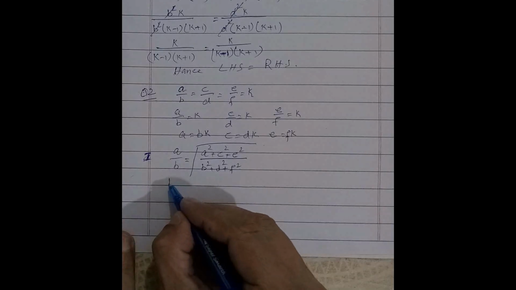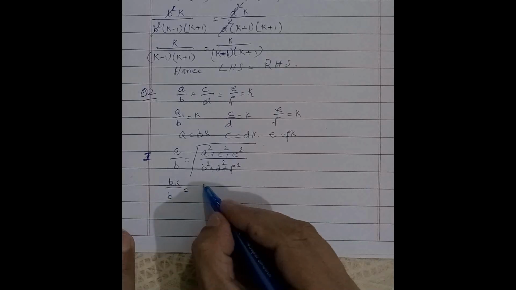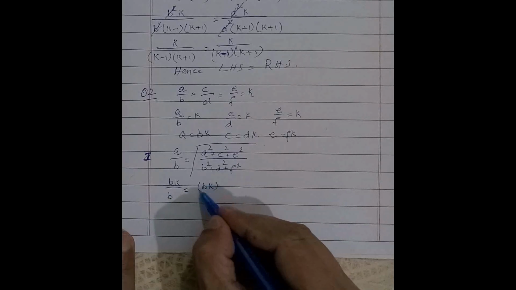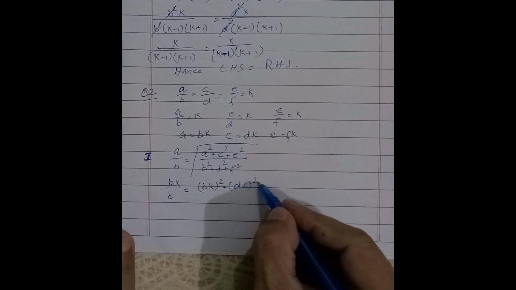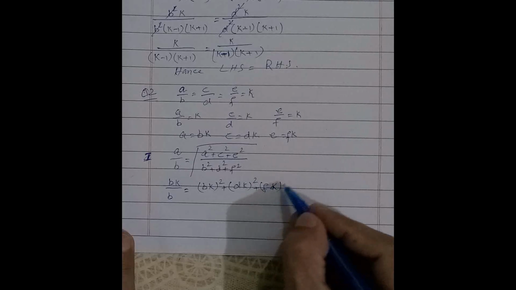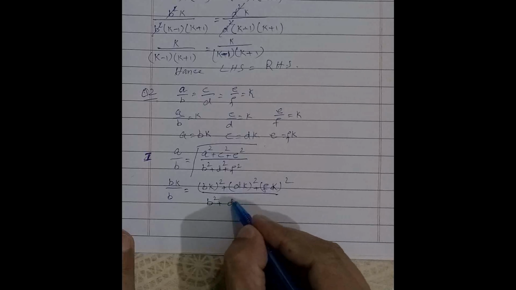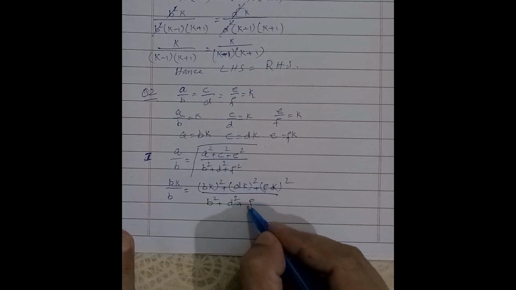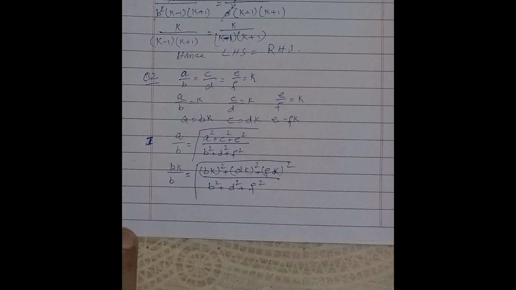We have bk over b is equal to the square root of ((bk) whole squared plus (dk) whole squared plus (fk) whole squared) over (b squared plus d squared plus f squared).